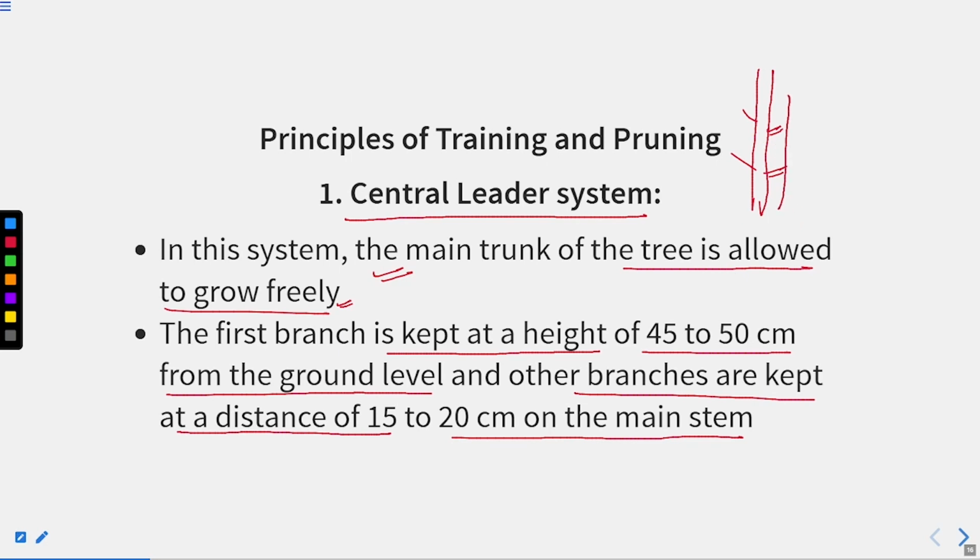So the first branch will appear here, and the second can appear after 15 to 20 centimeters. It is in our hand at what distance we keep the branching system, right? There is just one main stem that is growing. That is why it is called central leader system.